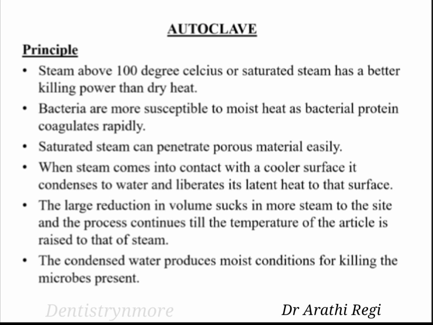We are moving to the first question, that is autoclave. In case of autoclave, you must mention the principle of autoclave, that is, it uses steam above 100 degrees Celsius, and somewhat like that. You can read the slide and you can write the important points.